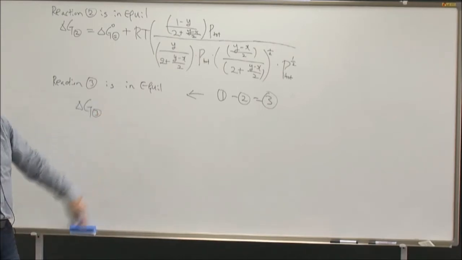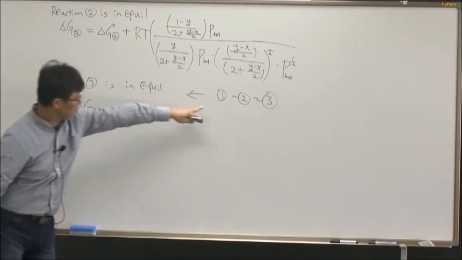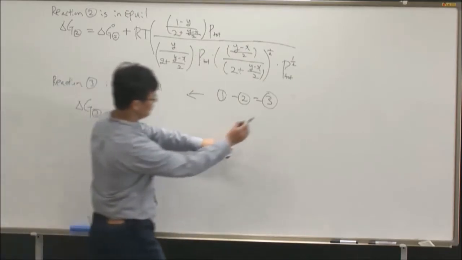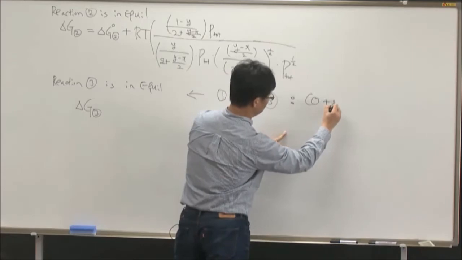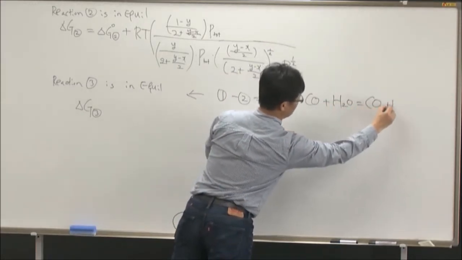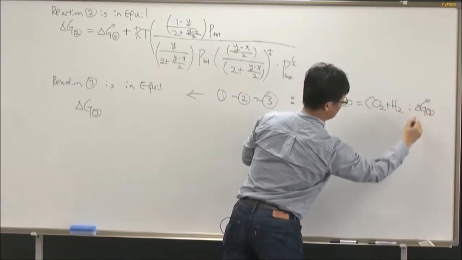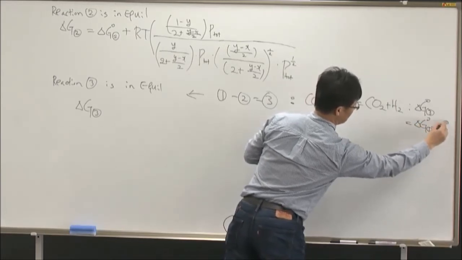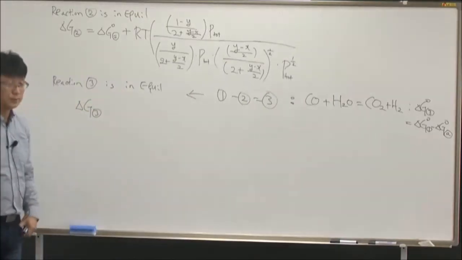Okay, you can make equation 1 and equation 2, and if you make 1 minus 2 and take that as equation 3, this means equation 3 is CO plus H2O. Okay? So I can generate another one.